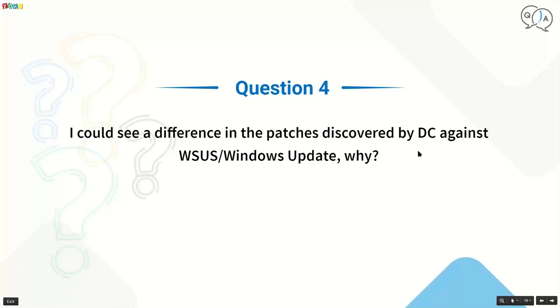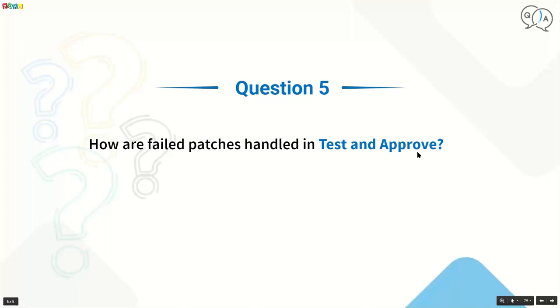And WSUS detects updates only from its source, but Desktop Central supports patches from varying sources like Windows updates, Microsoft Catalog, and WSUS. And also, Desktop Central does not support superseded patches as they are not required to be installed by Microsoft best practice recommendation. These are the reasons you may find a difference in patches discovered by Desktop Central against WSUS or Windows updates.